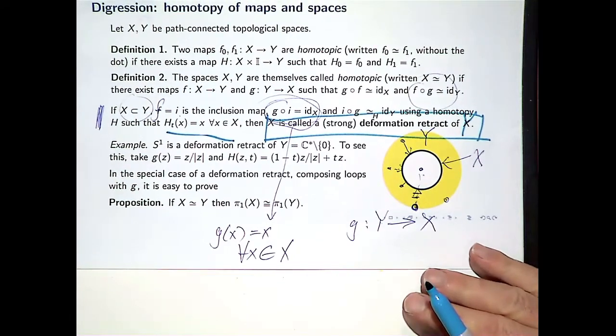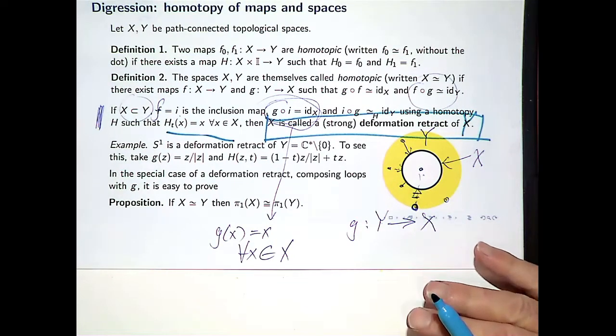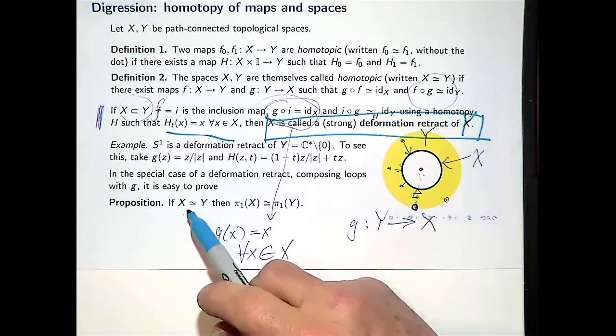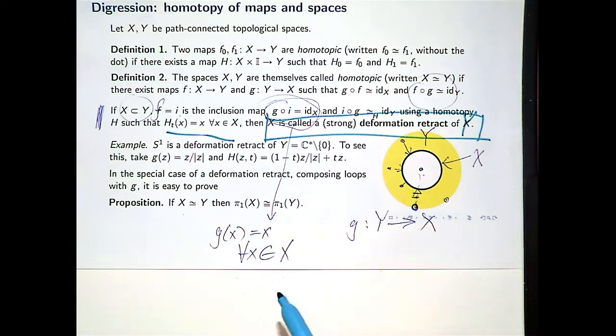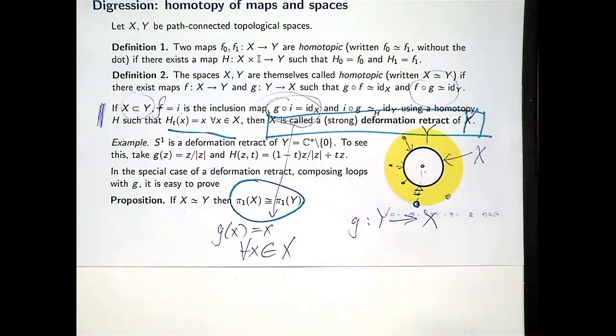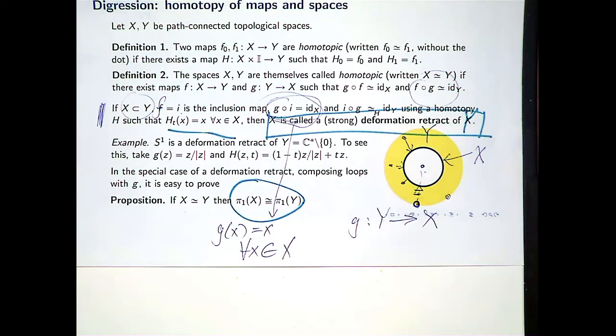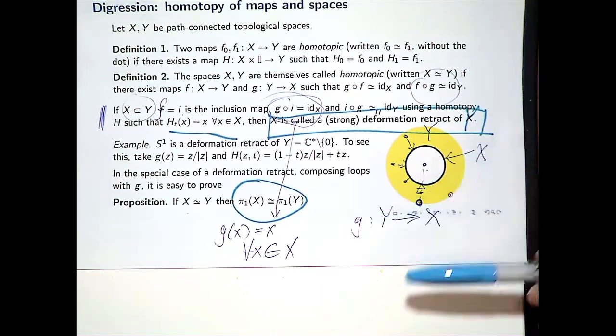And that makes it easy to actually prove when you have a deformation retract. If X is a subset of Y and it's a deformation retract of Y, then it's very easy to prove that the fundamental groups are isomorphic. That's also true whenever X is homotopic to Y, but you have to fiddle around with base points which move around. But in this special case, it's quite easy to see.